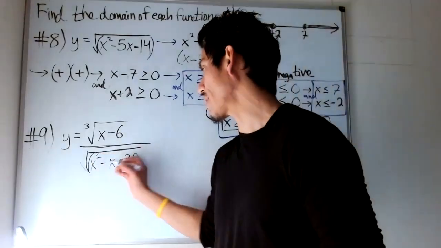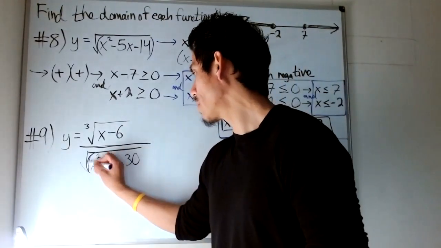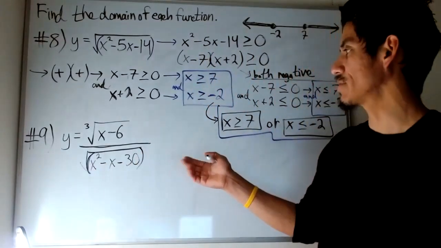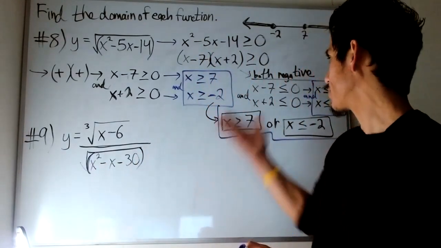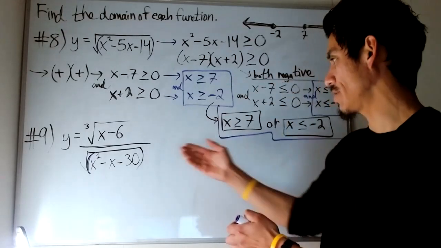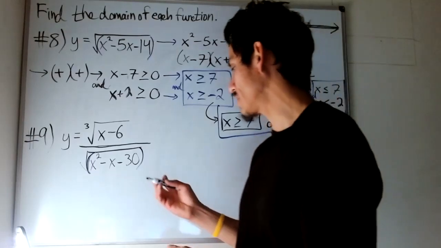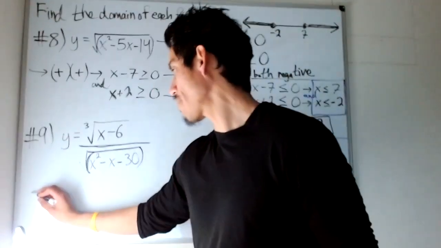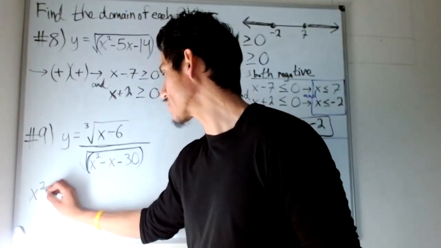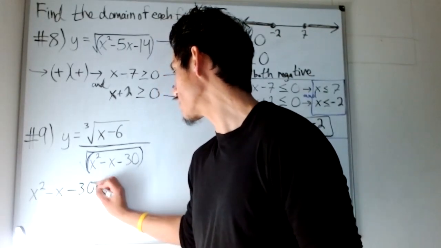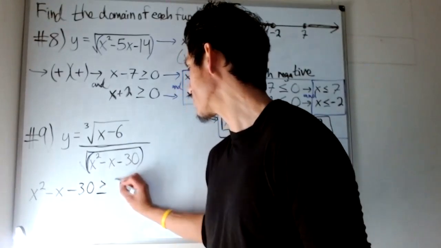We need to make it so that x squared minus x minus 30 is greater than or equal to 0. So similar to what we did here, we're going to need to do it again. Let's set that up over here. We need x squared minus x minus 30 to be greater than or equal to 0.